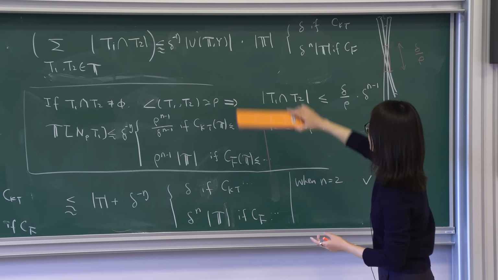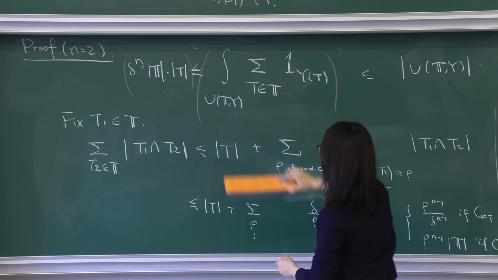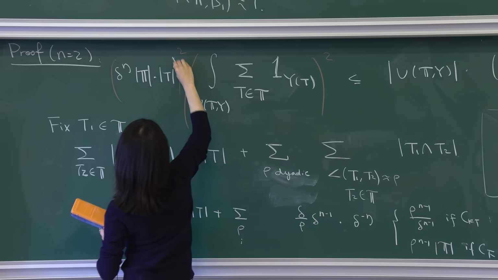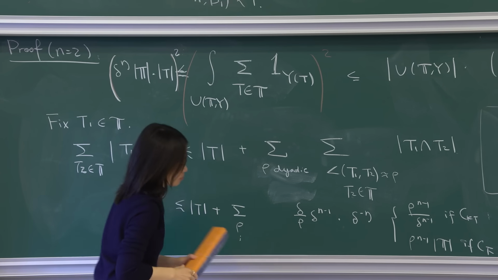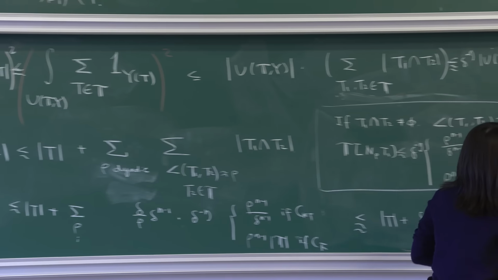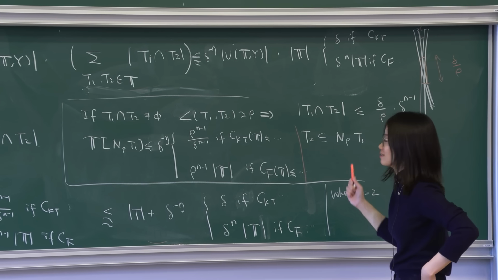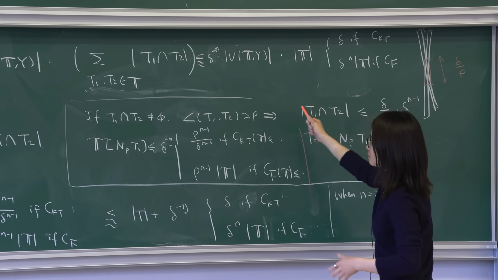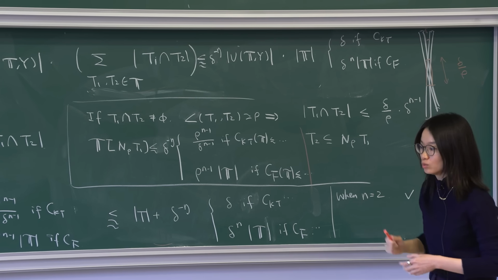So we are comparing this term with this term. There is the square here. You can see that this works nicely when n is 2, but not so nice when n is greater than 2.